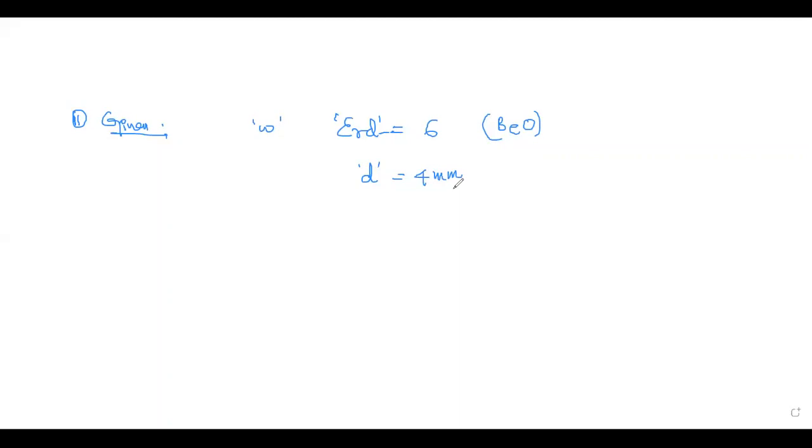Calculate, under that, first one: required width of a conducting strip in order to have a characteristic impedance of 50 ohm.